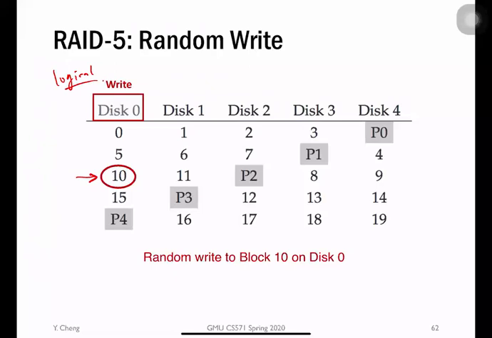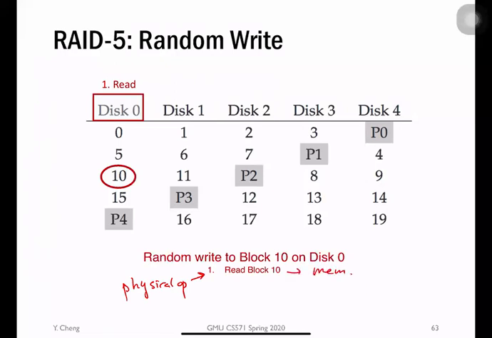So this is a random write that hits disk block 10, okay? That translates into multiple small physical IOs. The first physical operation is to read block 10 out to memory.